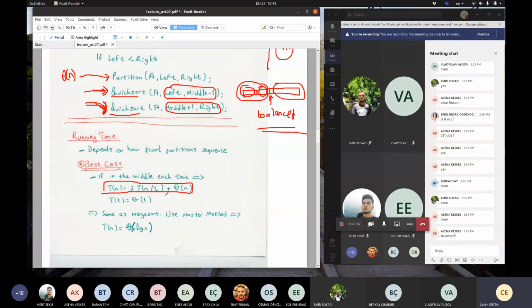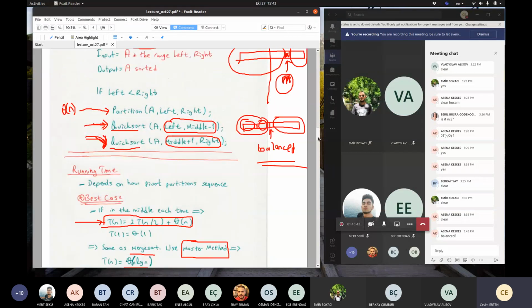You must remember this recurrence from our previous classes. This is exactly the recurrence that we used to describe the running time of the merge sort algorithm. You can use the master theorem, the master method, to find the theta bound for this recurrence T(n), and you will see that it evaluates to Θ(n log n).